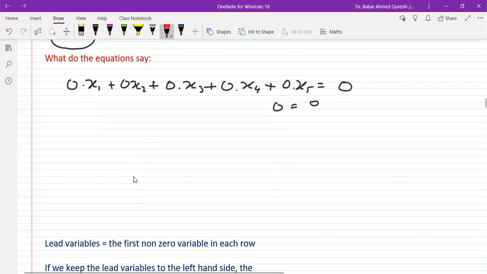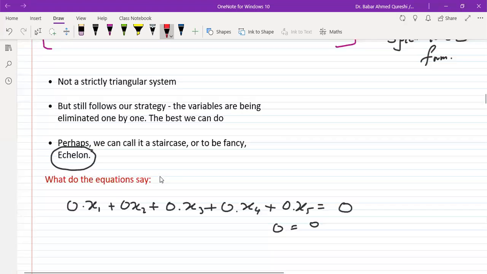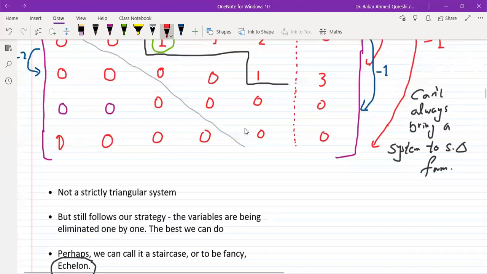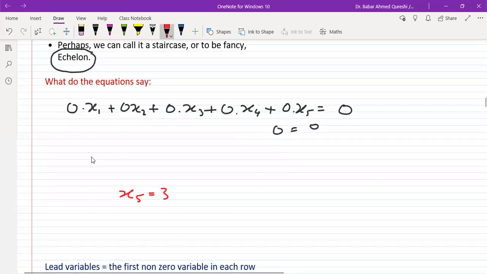So I have x5 is equal to 3. Then I have 2x3 plus x4 plus 2x5 is equal to 0. x4 plus 2x5 is equal to 0.